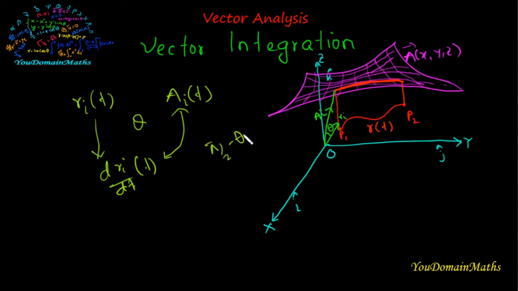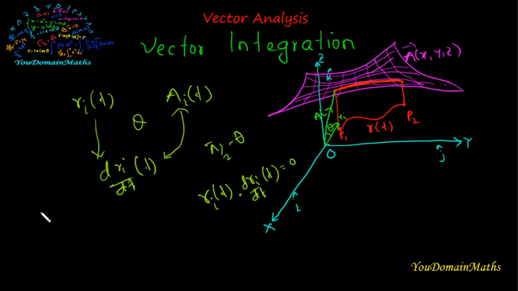That means pi by 2 minus theta, or theta minus pi by 2, is the angle between them, because r of t and dr by dt of t are perpendicular to each other. These two are the space curve.